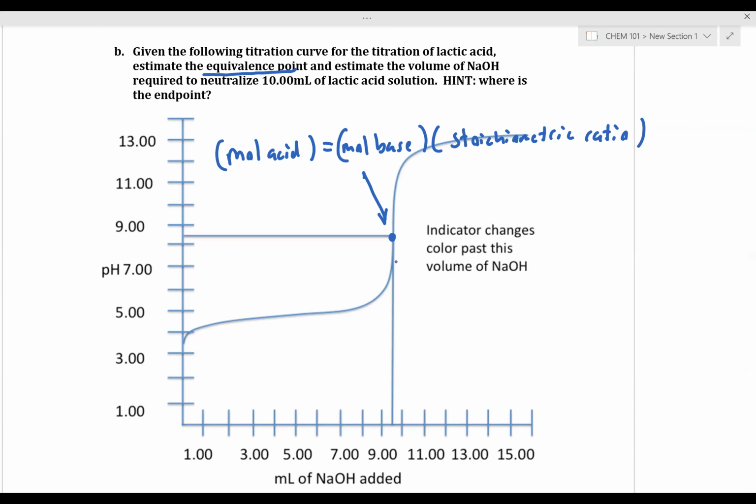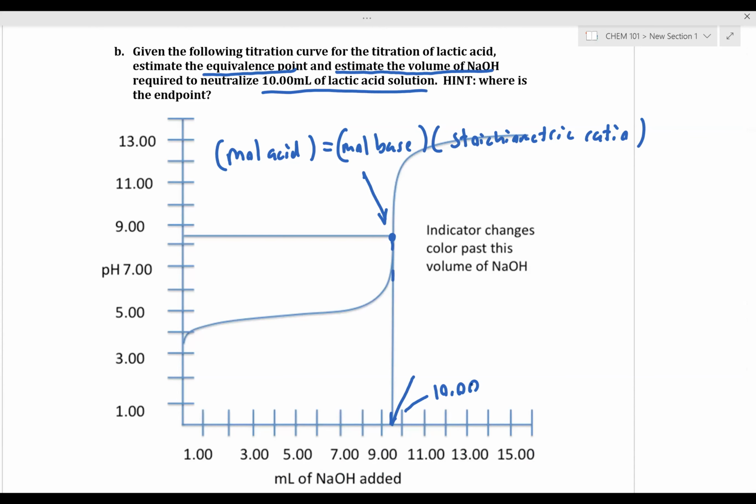Okay. So our goal now is to estimate the volume of NaOH needed to neutralize 10 mils of lactic acid. Reading down from this chart, about what volume do we have here? If this is 10.00 and we're about halfway between 9 and 10 mils, what volume was required?